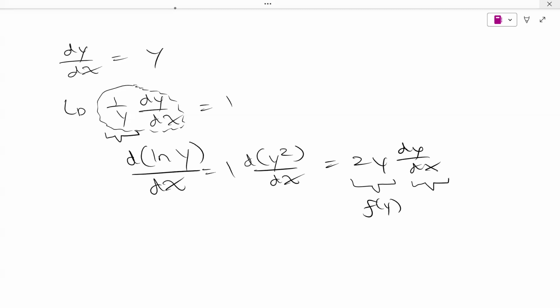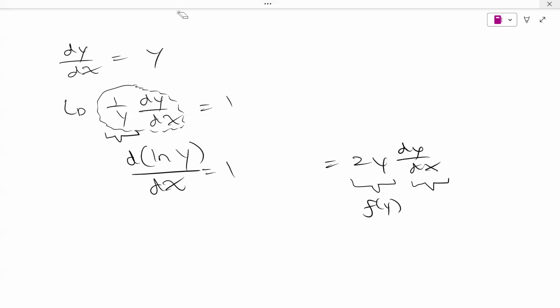And now this is just basically another form of dy over dx equals 1, except it's not y, but it's natural log of y. So the way we solved this was to integrate, right? So y is the integral of 1 dx. But here it's not just y, it's natural log of y.